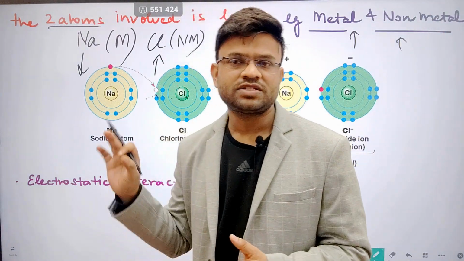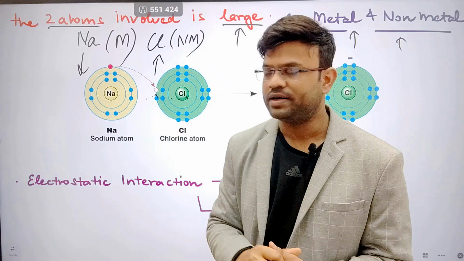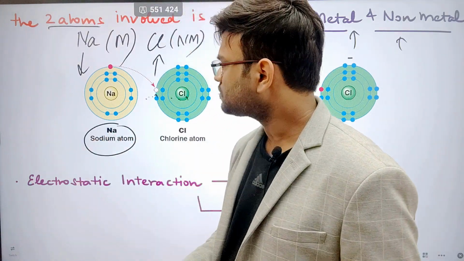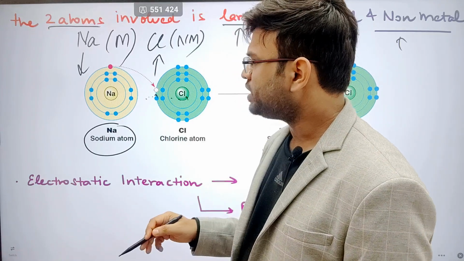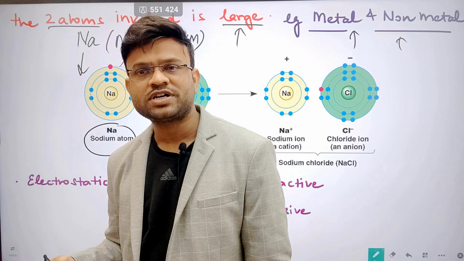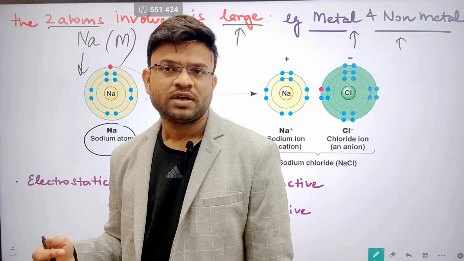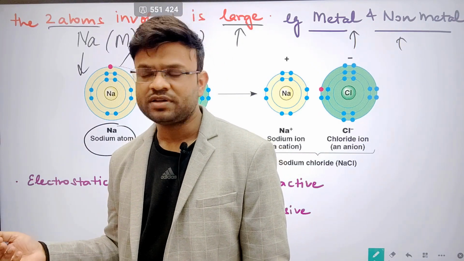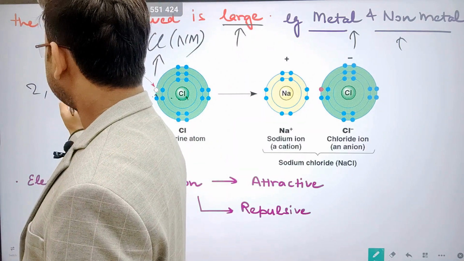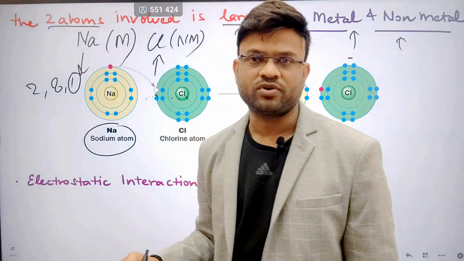Now, understand this with the help of the structure of sodium chloride. If I'm talking about a sodium atom, you might know that the configuration of sodium is 2, 8, 1. How many electrons are present in sodium? The total number of electrons is 11. So the configuration becomes 2, 8 and 1. In the outermost orbital, there is only one electron.